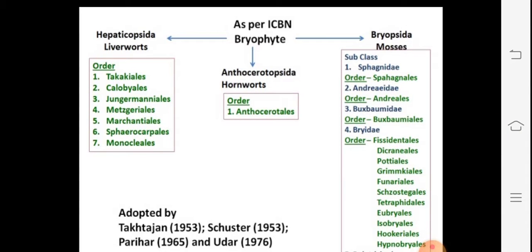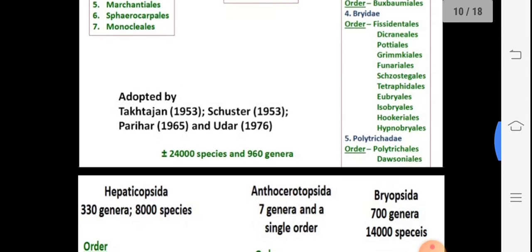As per the ICBN, nowadays we follow this classification according to Takhtajan, Schuster 1953, Takhtajan 1953, our Indian scientist N.S. Parihar 1965, and Udar in 1976. So just go through it; it is generally the same for Hepaticae, then Anthocerotales and Bryopsida.